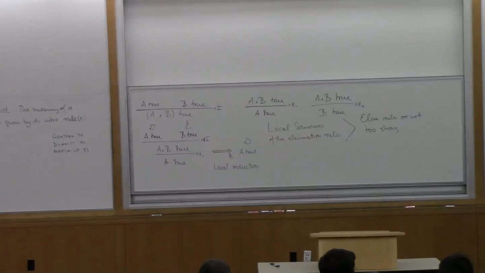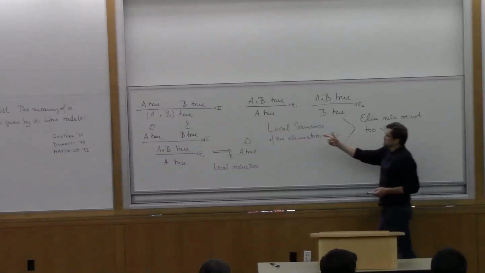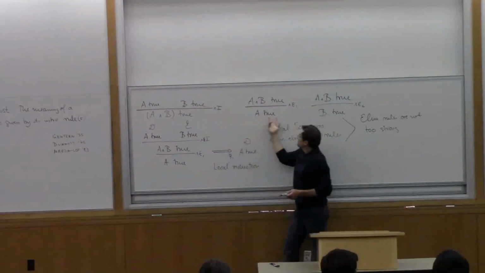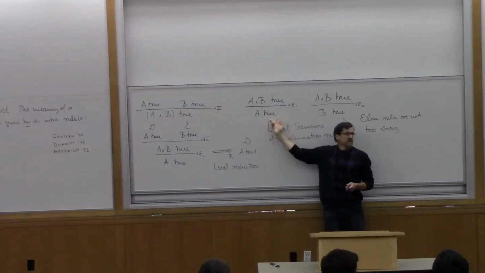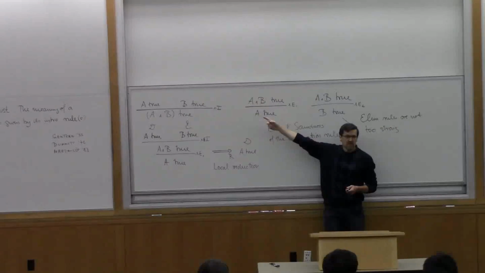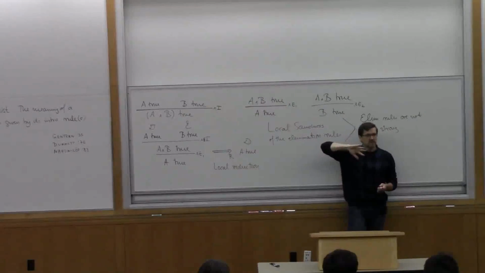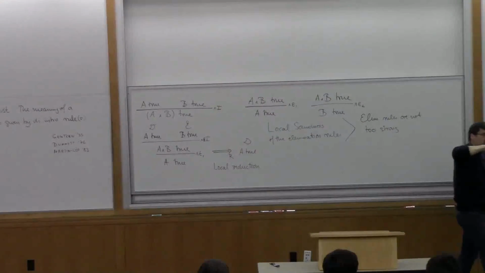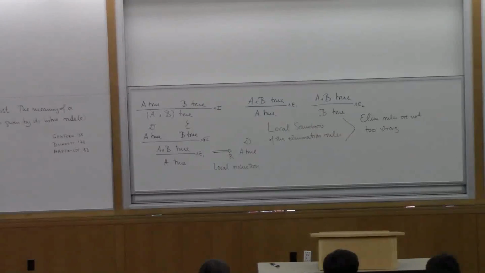Intuitively, what's missing? We put some information into the conjunction, and if we only have the first elimination rule, we can never get it back out. We can't get back out the fact that B was true. So the elimination rules are too weak. The question is, how can we check that the elimination rules are not too weak, that we've covered all our bases?